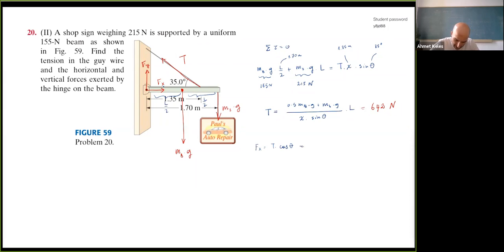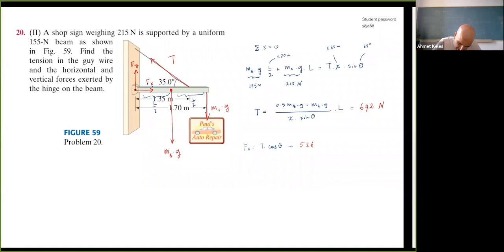But I know T, let's just put the numbers. It's like this times cosine 35. It's like 526. Found here 526. Maybe look at the digits. Yes. This is Newton.